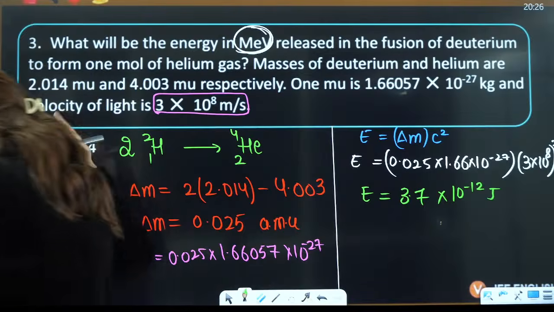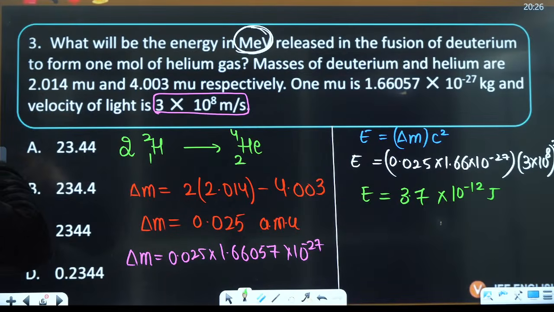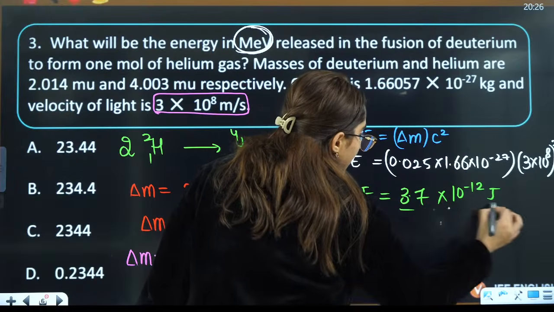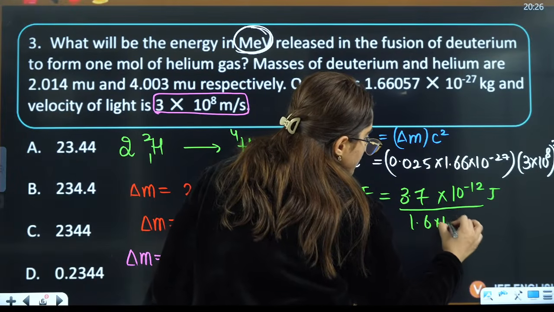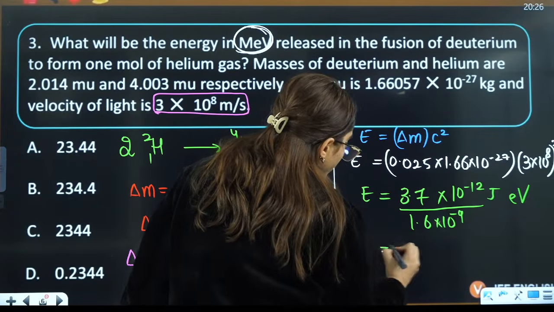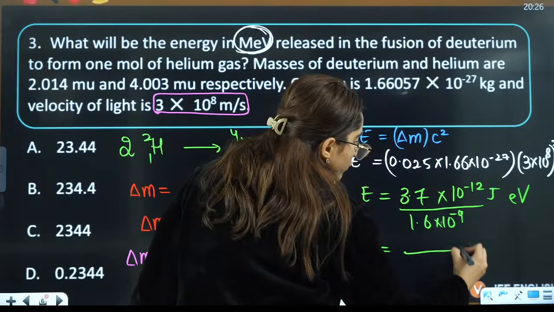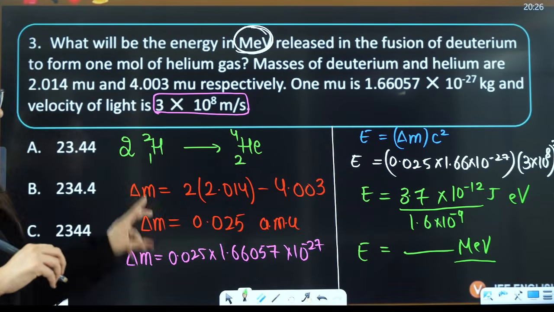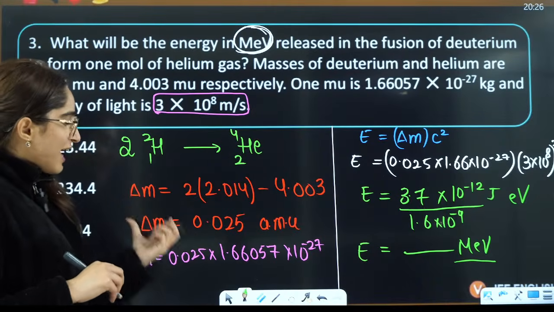Now I'll have to convert joules into MeV. I'll divide by 1.6 into 10 raised to power minus 19, and this will be converted to electron volt. Then I'll convert it into mega electron volt, and that's how you will get your answer here. So firstly, you calculate the mass.